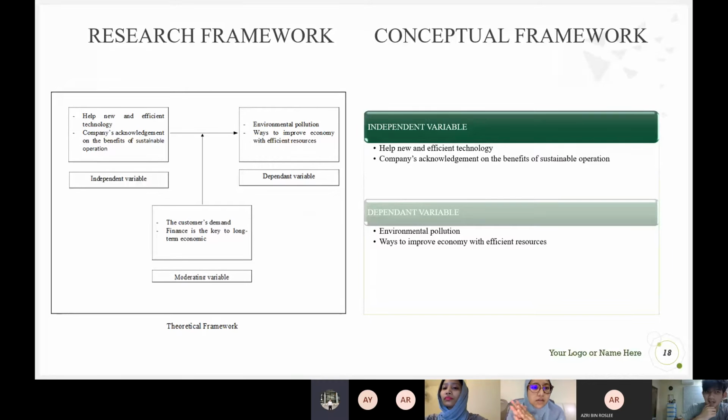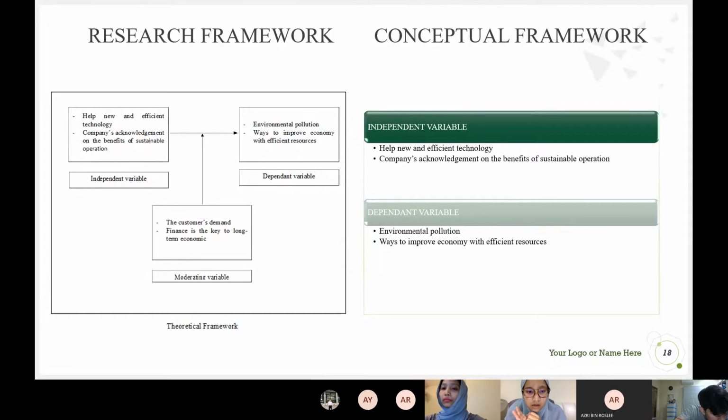Okay, I will be presenting about the research framework and conceptual framework. For the research framework, we use a theoretical framework that has independent variables, dependent variables, and moderating variables. For the independent variables, one is help from new and efficient technologies. Second is companies' acknowledgement on the benefit of sustainable operation.